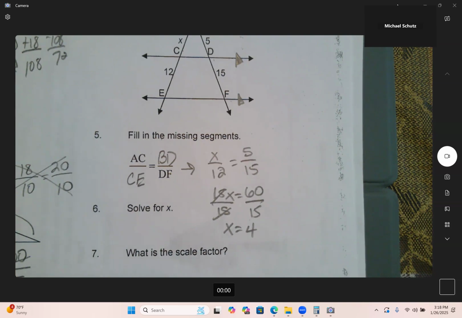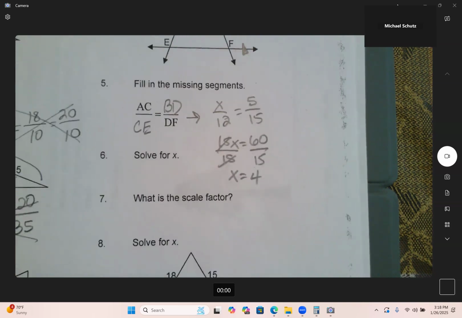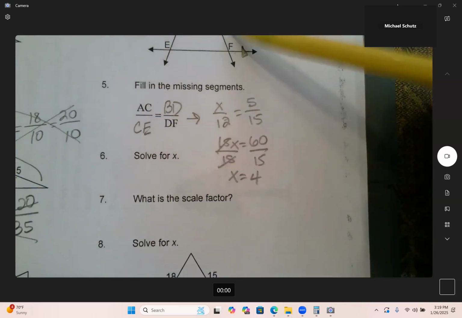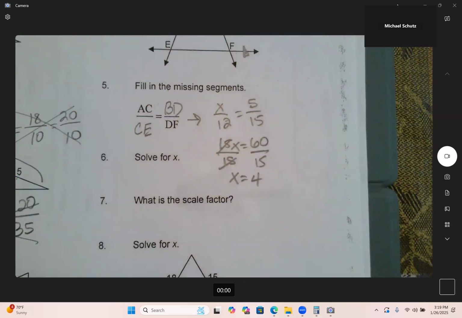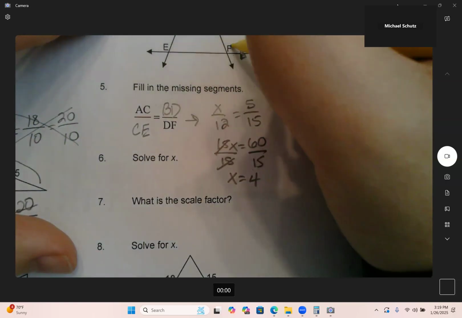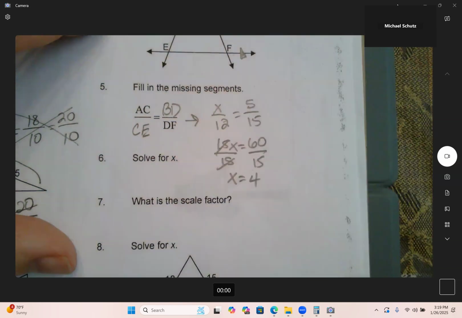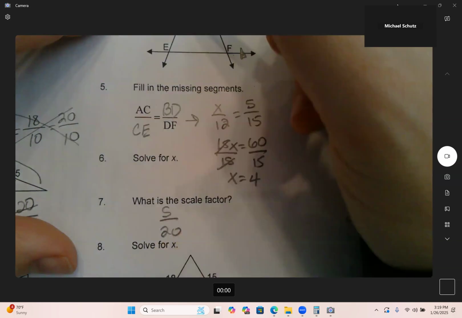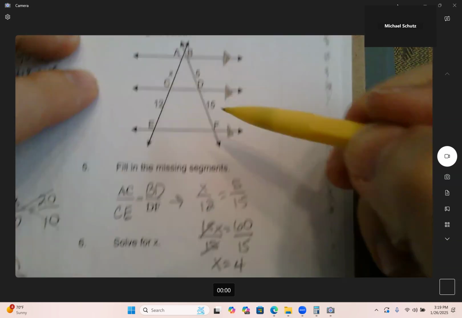Okay. Let's take a look at number 7. What is the scale factor? Now you've got to be really careful with this because the scale factor is not 5 over 15, 4 over 12 necessarily. What you have to do is, this is from 5 to 20.